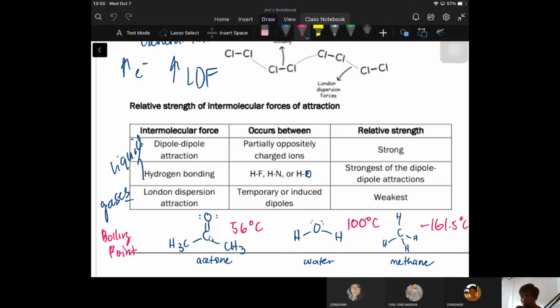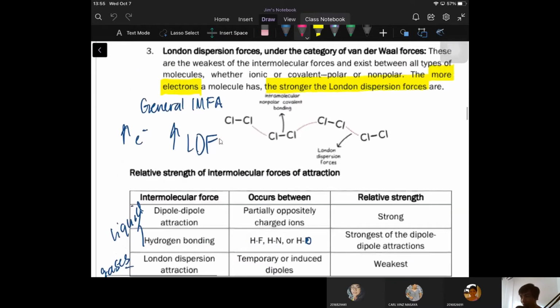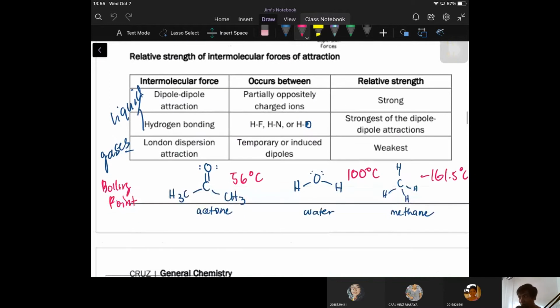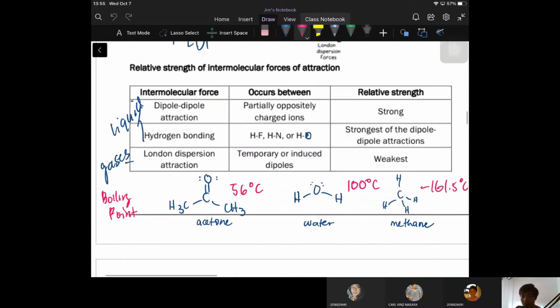Si acetone, dipole yan. Yes, so check dyan. Hydrogen bond, wala. London dispersion forces, pwede rin. Again, ang usapan kapag London dispersion forces ay electrons lang. Lahat ng atoms may electrons. So lahat may London dispersion forces. So ano meron dito? Si acetone ay may dipole-dipole.